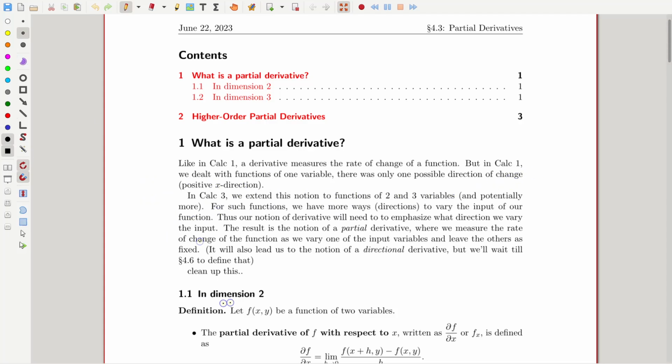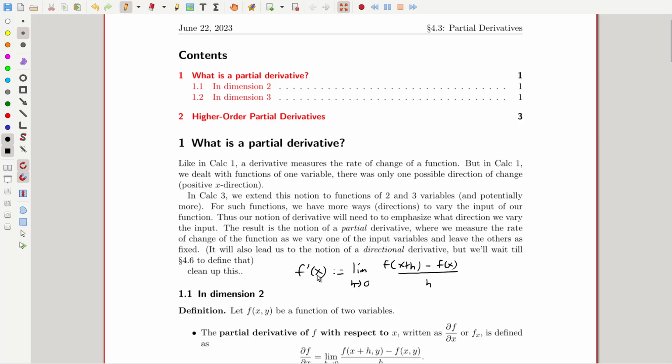Back in Calc 1, you learned that the derivative was defined to be the limit as h goes to 0 of f of x plus h minus f of x, all over h. That is the way that we defined the derivative of a function.